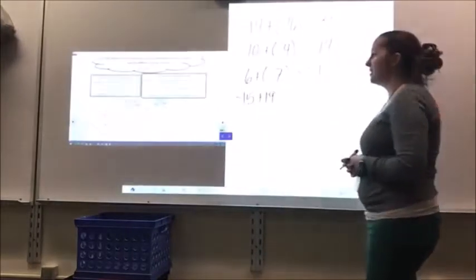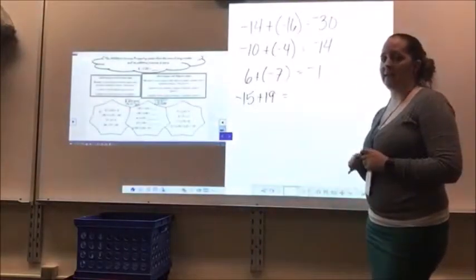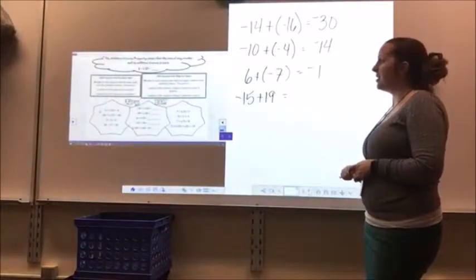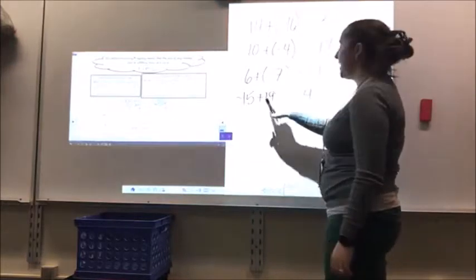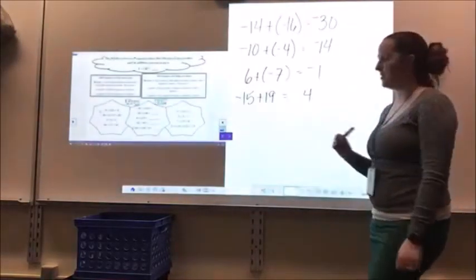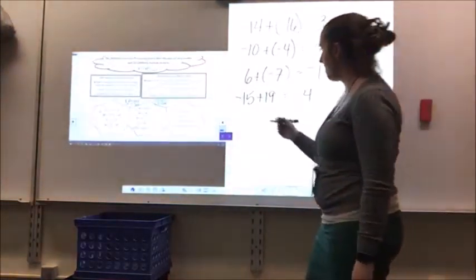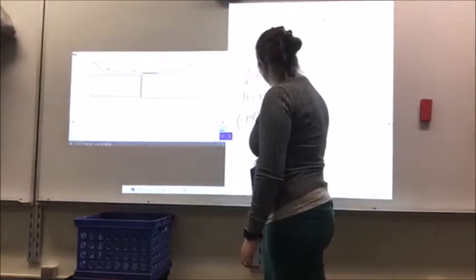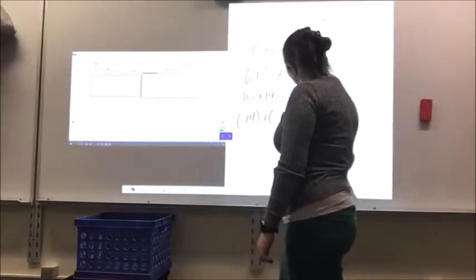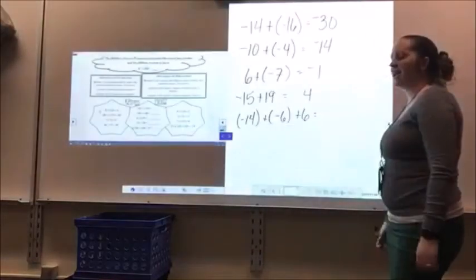Negative 15 plus 19. Different signs. They're enemies. I subtract. 19 minus 15 is 4. 19's bigger, 19 wins. Positive 4. Negative 14 plus negative 6 plus 6.